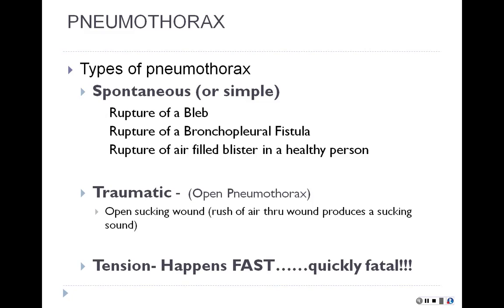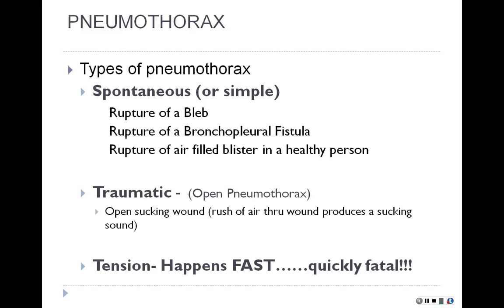It could also be a hemothorax, which would be blood instead of air causing the problem. Usually when they do that, they put in a chest tube higher in the chest for the air and one way down lower for the drainage. That makes sense. The upper tube would be smaller and the lower tube would be larger to accommodate fluid coming out. We'll talk about the pleurovac in a minute.